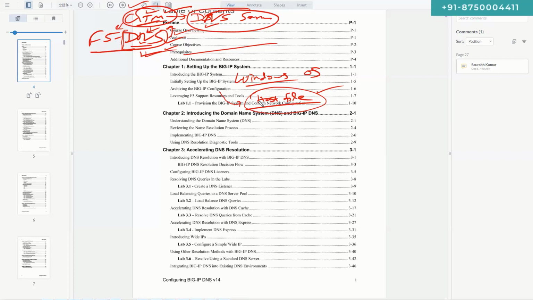Now you tell me, would it be easier for you to remember their names or IP addresses? As human beings, obviously memorizing names is really easier as compared to memorizing IP addresses or numbers.